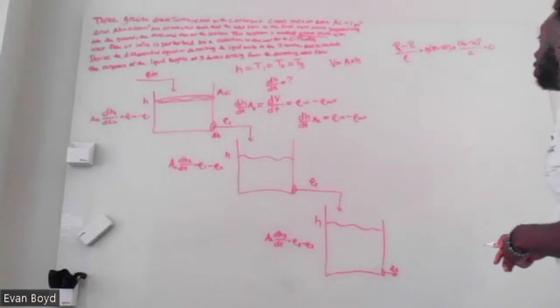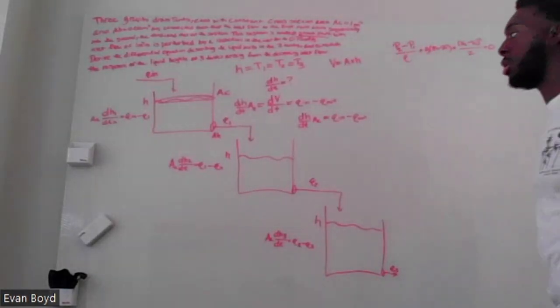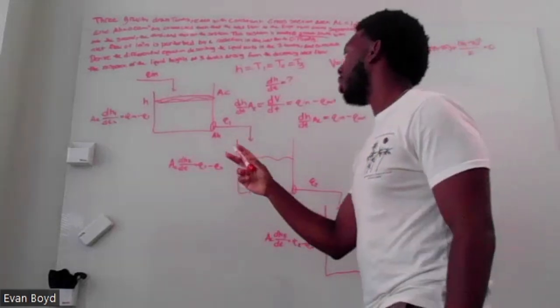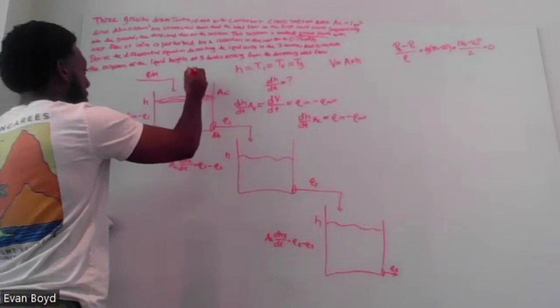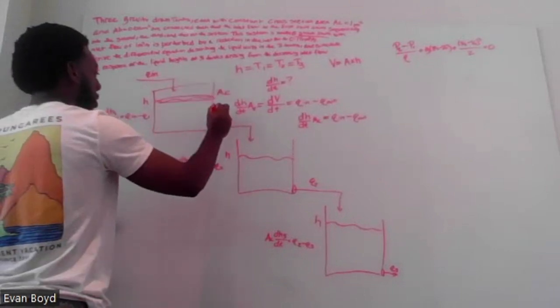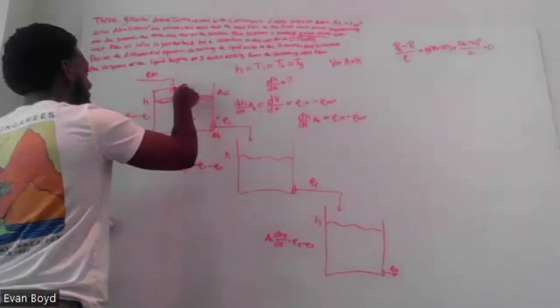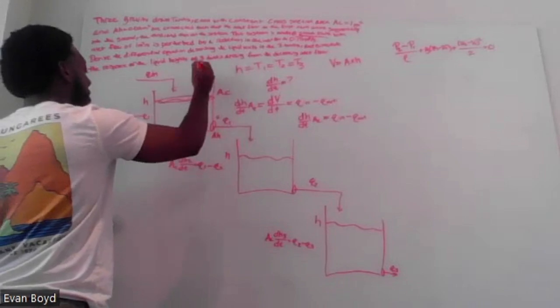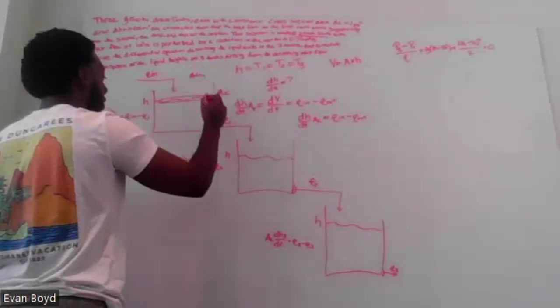First, let's start with the difference in pressure divided by density. We know that the two big holes, our inlet hole and the hole leaving the system, are both in contact with atmospheric pressure.